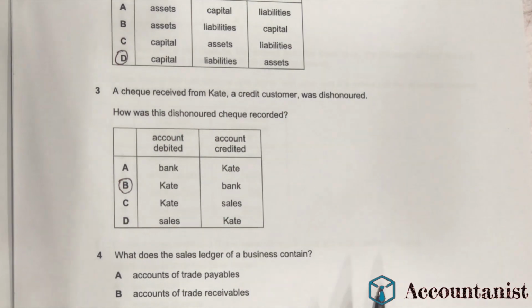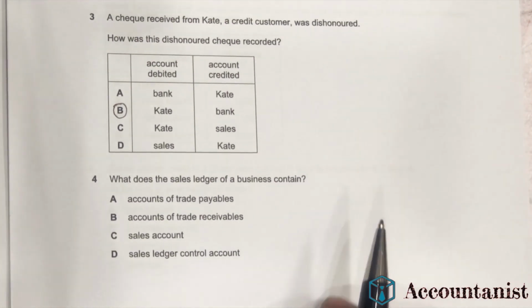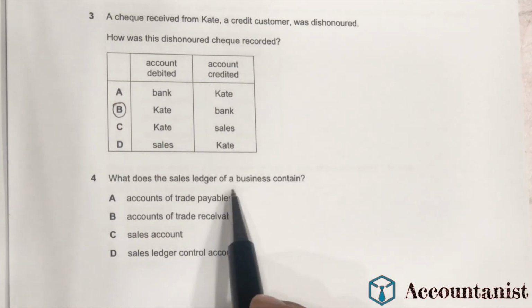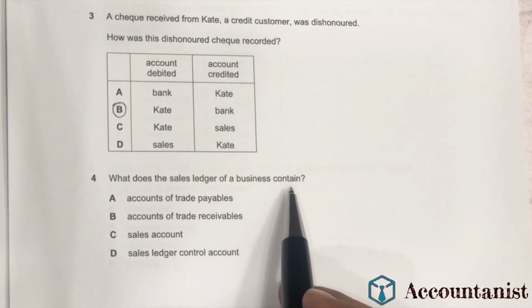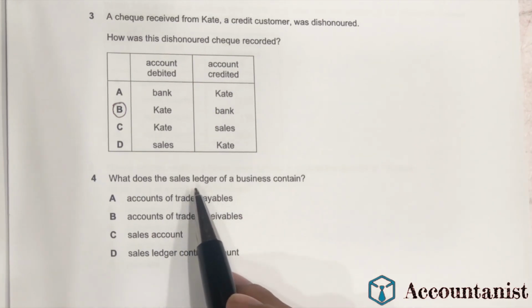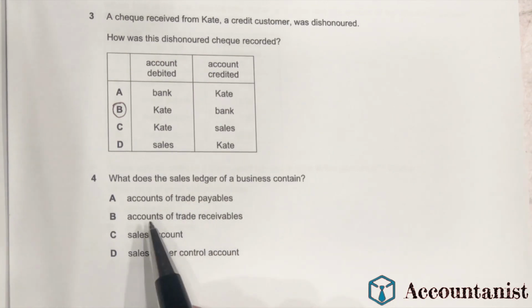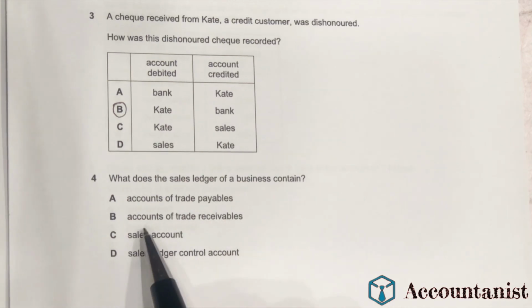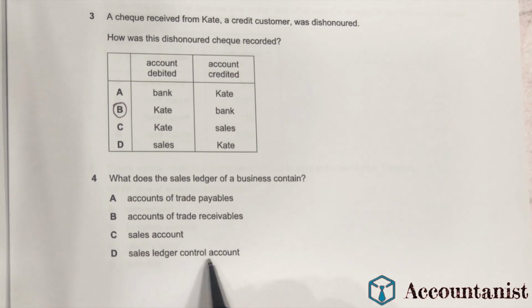The fourth question says, what does the sales ledger of a business contain? The sales ledger is a book in which we make T accounts of our customers. Let's see. Option A, accounts for trade payables, accounts for trade receivables, sales accounts, sales ledger control account.